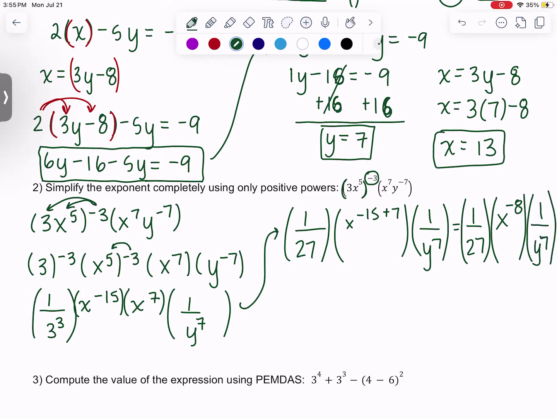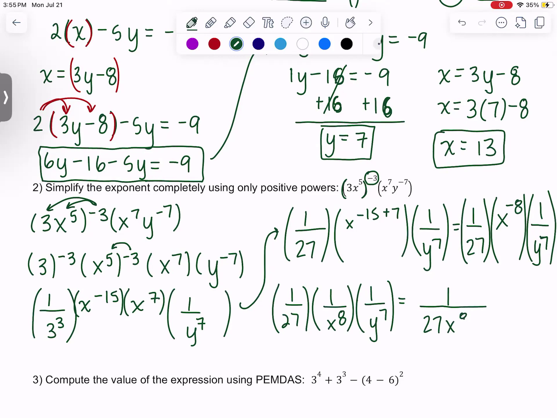Okay, we're getting closer. 1 over 27. Now x to the negative 8 becomes 1 over x to the positive 8. And we're going to keep bringing 1 over y to the 7th. Now we're almost done to simplify. There's no numerator. The numerator is 1. The final denominator is all of these expressions, 27, x to the 8th, y to the 7th.